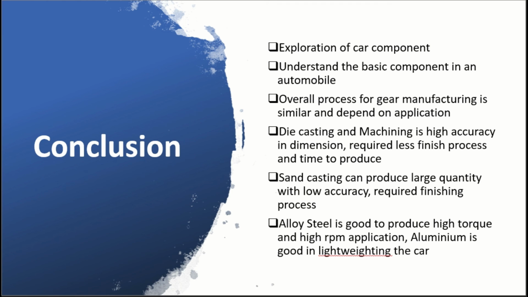Die casting and molding provide high dimensional accuracy and require less finishing process and time to produce, while sand casting can produce a large quantity with low accuracy and requires more finishing process. Lastly, alloy steel is good for high torque and high RPM applications, while aluminum is good for lightweighting the car. Next. That's all for our presentation.